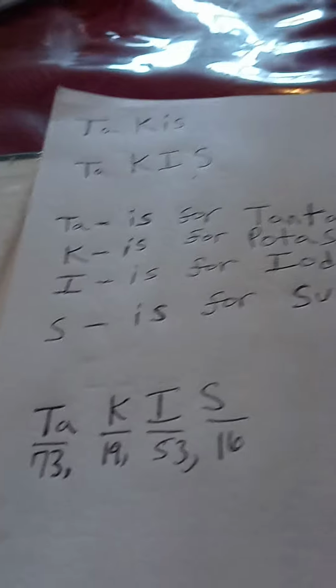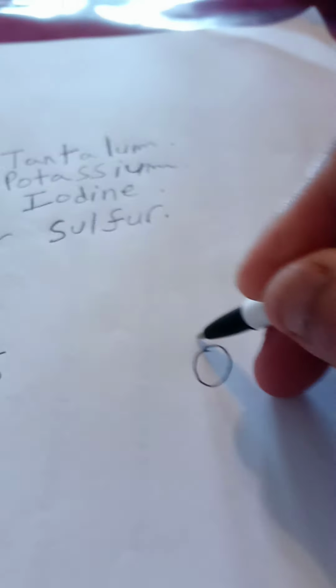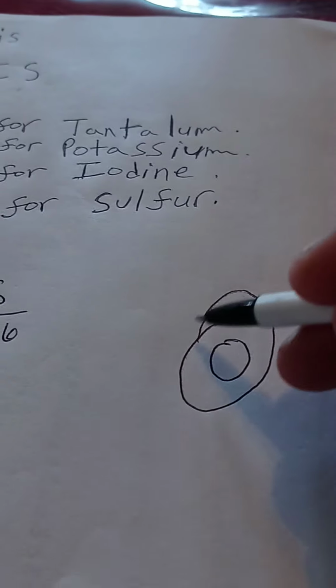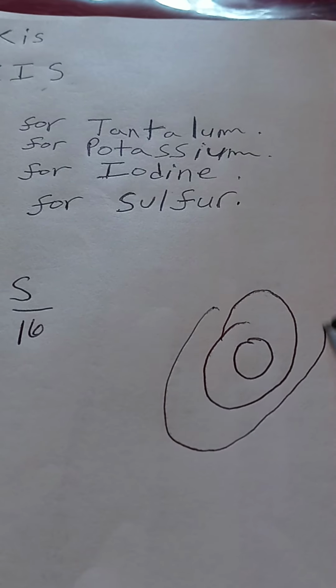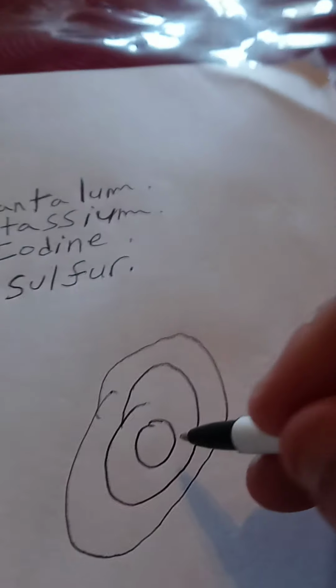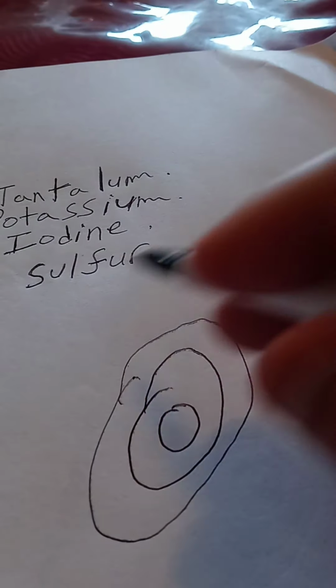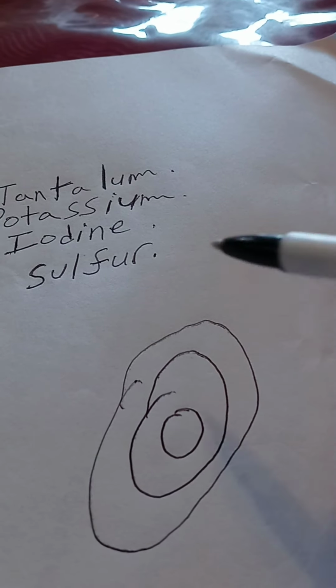Now, in one of my videos, I explained what atomic number is. Let me see if I can draw this again. I'm not good, I have one hand on the phone and one hand on the pen, so I'm very sloppy. The nucleus of the atom is just in the middle, the circle, and you have the other circles that are the shells surrounding the center.